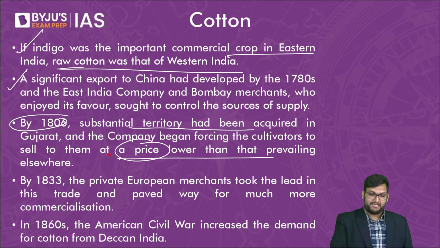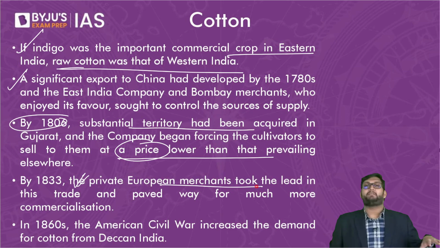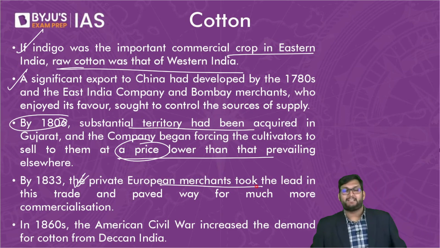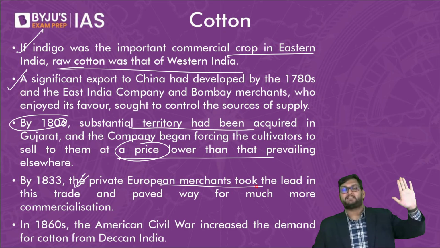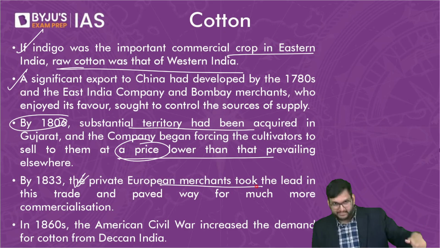And by 1833, European merchants took the lead in this trade and paved the way for the commercialization of this crop. It is only when there will be the American Civil War, where America will fight in itself, that the demand will exponentially increase. But as soon as the American supply was there, the demand will crash itself.